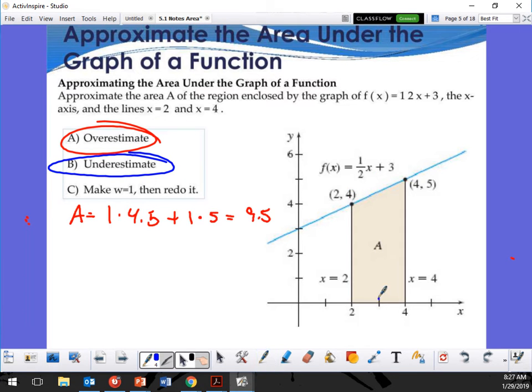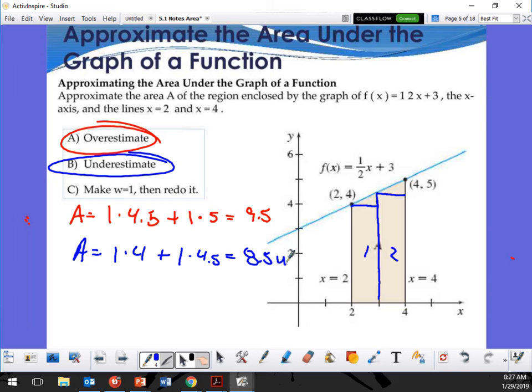So now it's going to look like this. Again, same boxes, 1 and 2. Box 1: my width is 1, my height is 4, plus box 2, which is going to give me 8.5.